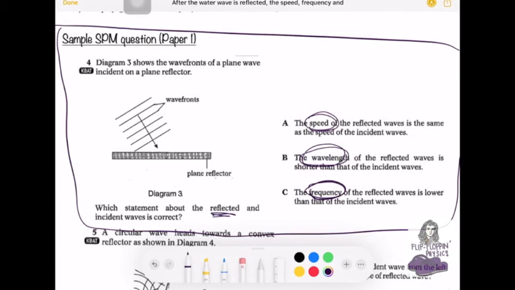Let's read one by one. For A, it says the speed of the reflected wave is the same as the speed of the incident wave. This is correct. The wavelength of the reflected wave is shorter than the incident wave. This is incorrect because it wouldn't change. Frequency lower than the incident is also incorrect because it wouldn't change. So A is the correct answer here.